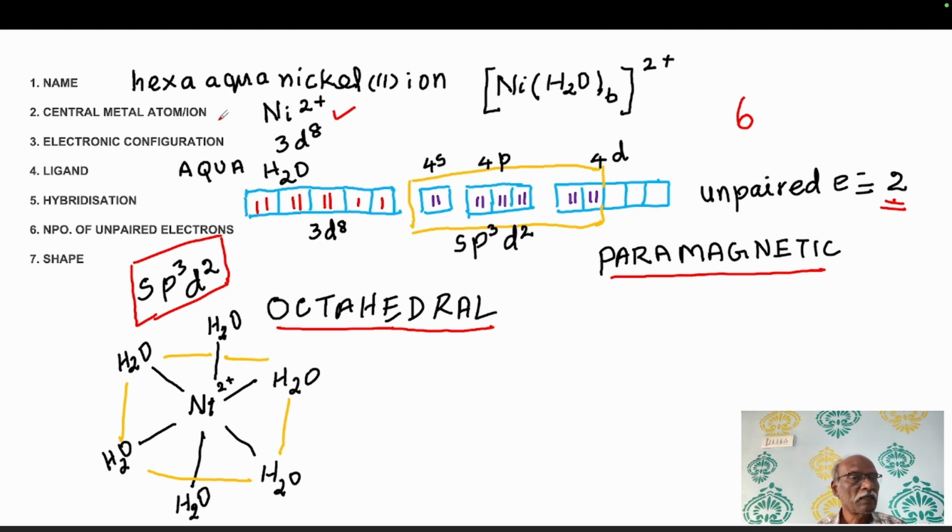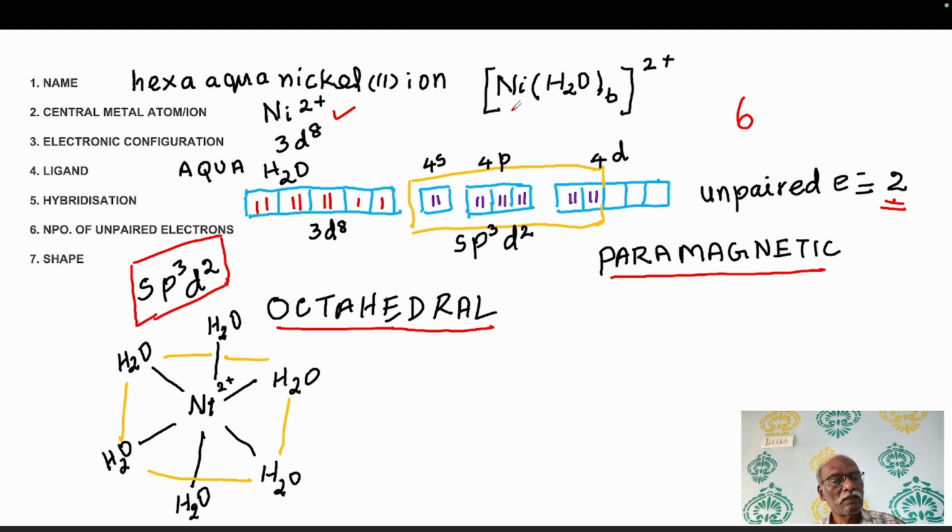The name is again hexaaqua. Aqua is the correct name given by the IUPAC system for water. Hexaaqua nickel(II) ion. We don't call it nickelate, nickel(II) ion, because it is a cation. In a cation or a neutral molecule, the metals are named as they are.